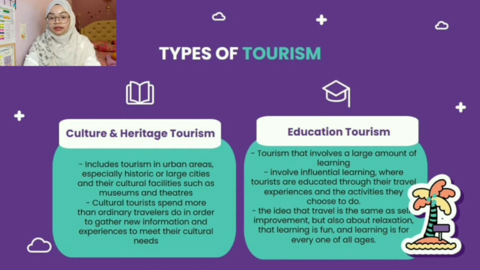Cultural tourists spend more than ordinary travelers do in order to gather new information and experiences to meet their cultural needs. The second one is education tourism. Education tourism involves a large amount of learning, where tourists are educated through their travel experience and the activities they choose to do. The idea is that travel is about self-improvement, but also about relaxation.